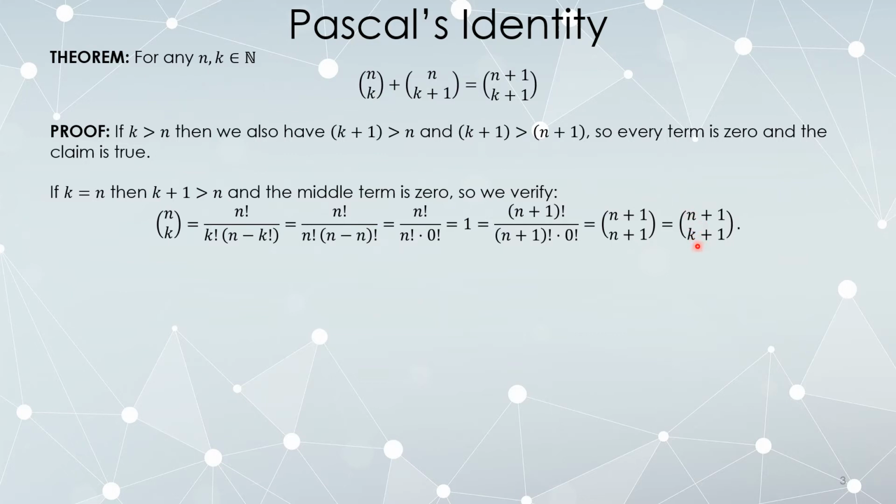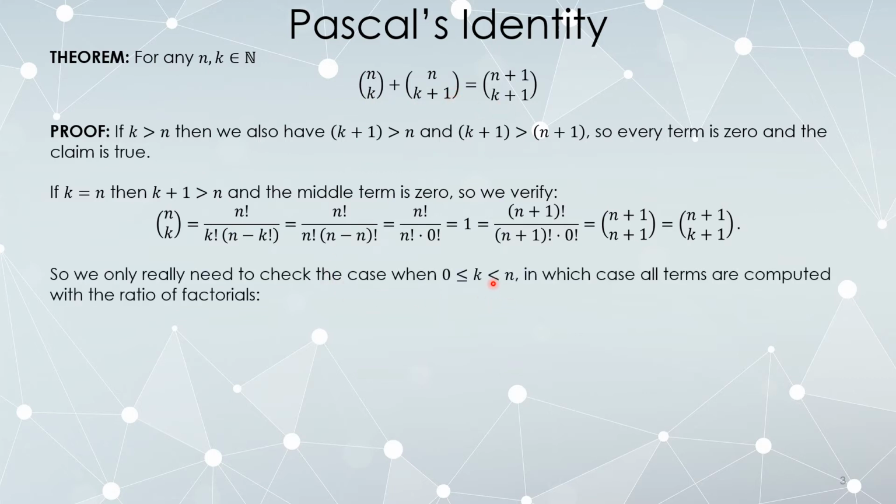Remember, n is equal to k, so this k can be replaced with n. That's going to reduce down to this, and here I get n plus 1 factorial over n plus 1 factorial times 1. Remember, 0 factorial is 1, which is also going to simplify down to 1. So in the specific assumption of k equals n, 1 plus 0 equals 1, which is also true.